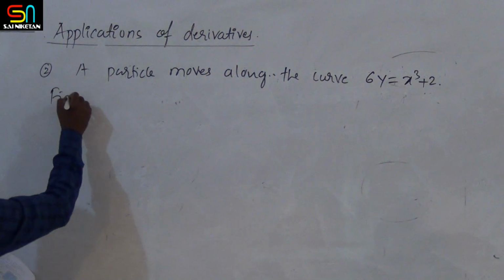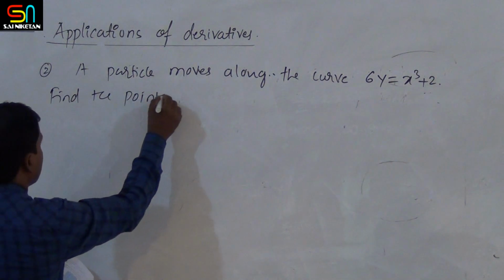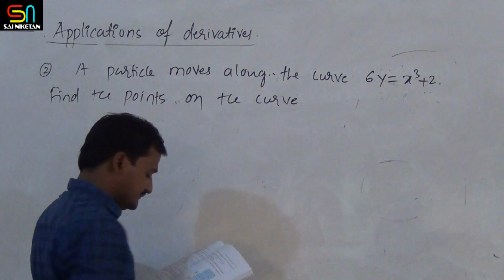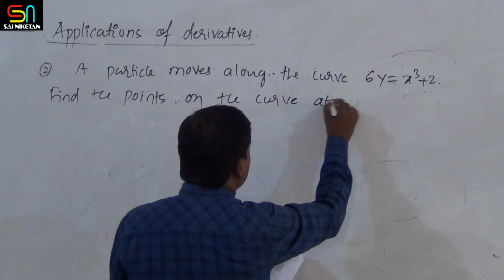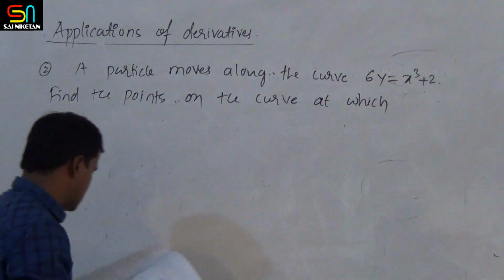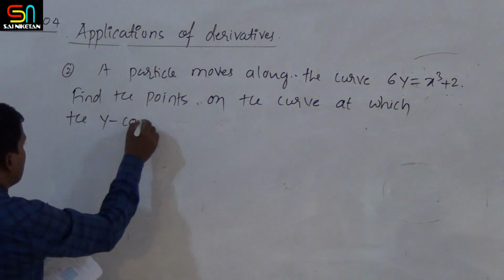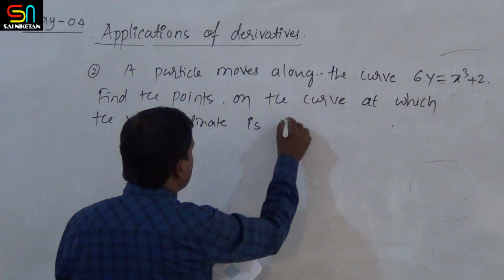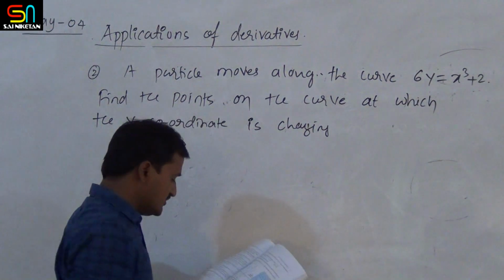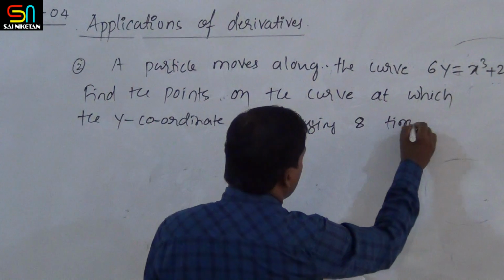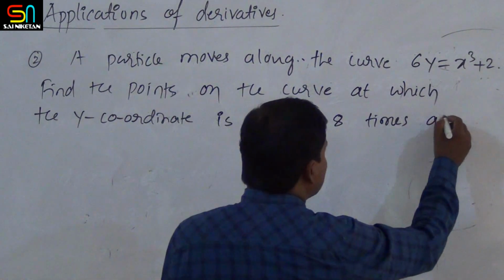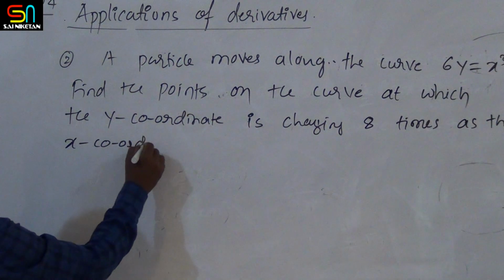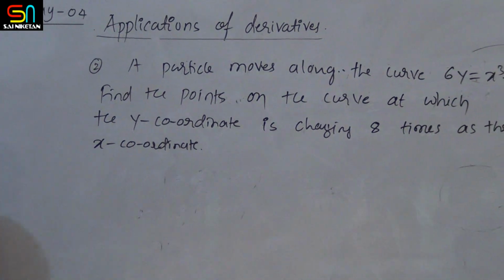Find the points on the curve at which the y coordinate is changing 8 times as fast as the x coordinate. Right? So this is the question.